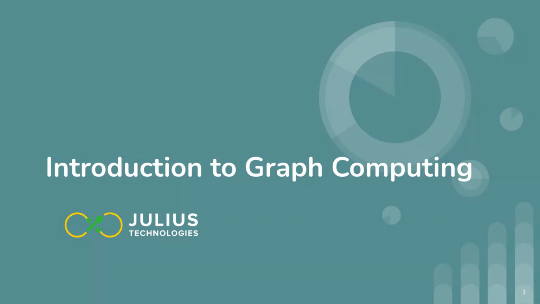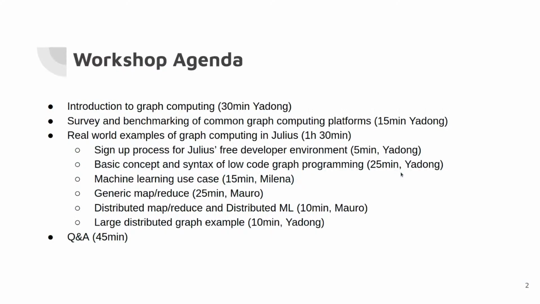So today's workshop, this is the agenda for today's workshop. First, I'm going to make a short presentation covering the basic concepts and the key benefits of graph computing and why it's important. Then we're going to go through a benchmark study showing some of the common platforms available to Julia and Python developers, and do a benchmark study of these different platforms.